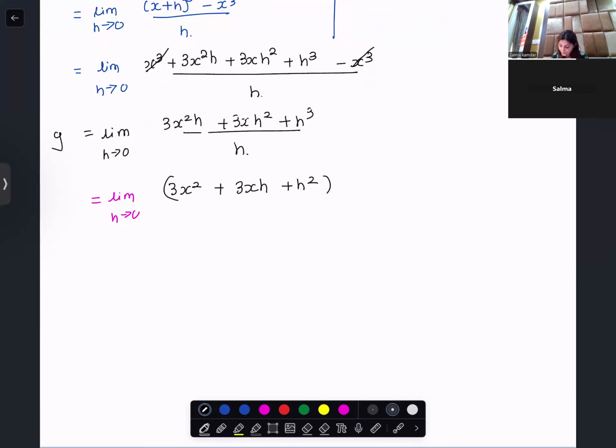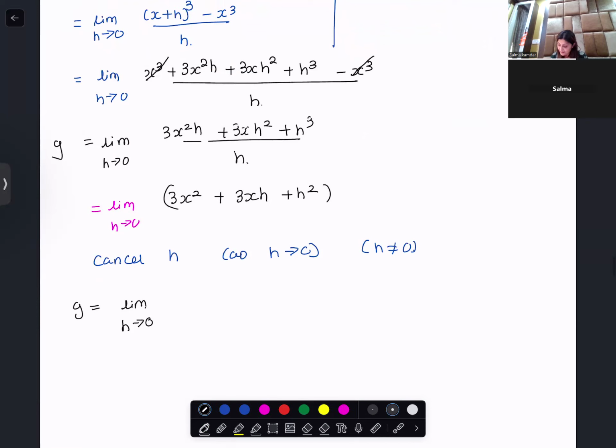Okay. Now I'm going to cancel h as h tends to 0, but remember that h is not equal to 0. So g is equal to limit h tends to 0.